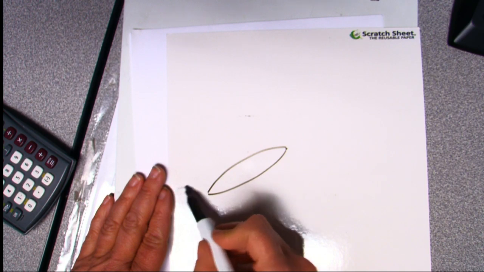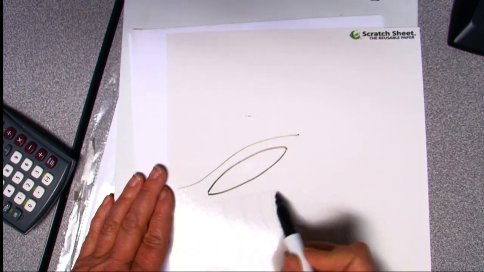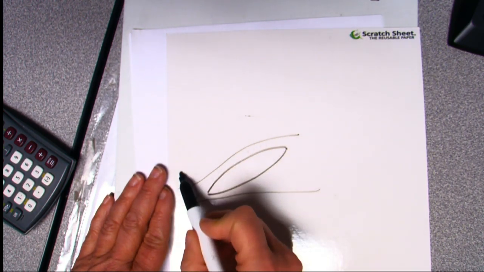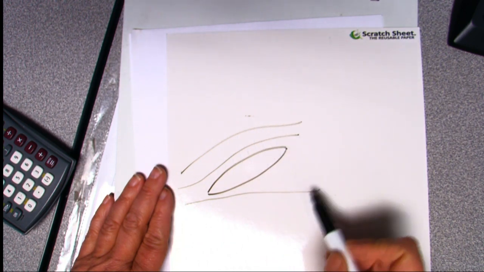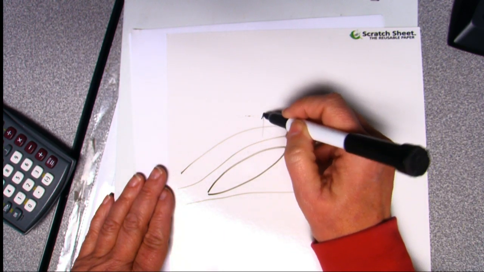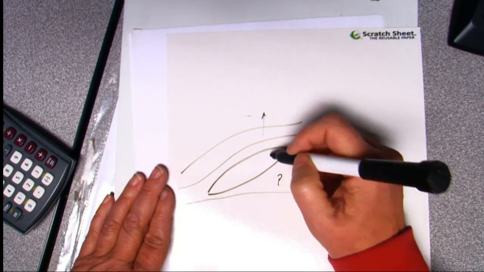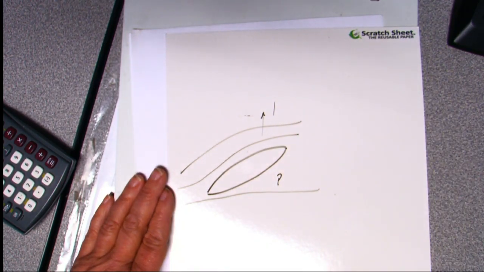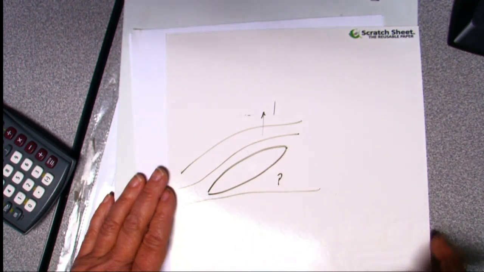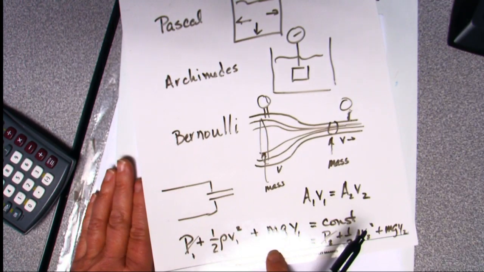If I have air flowing over my airfoil, because of that difference in pressure, the pressure up here is lower than the pressure below, which is going to cause my airfoil to move up, which gives me what we call lift. That is what allows an airplane, a heavier-than-air object, to fly through the air. It's the result of this change in pressure that we get out of the Bernoulli equation.